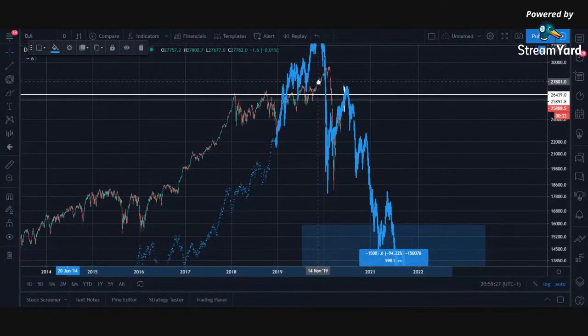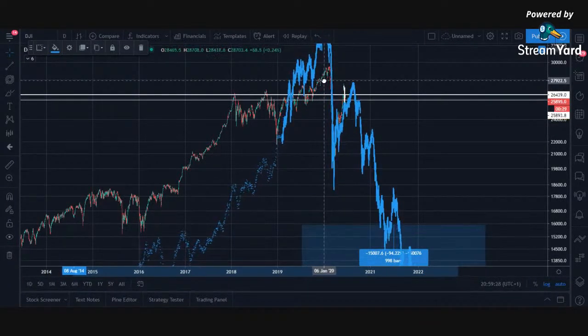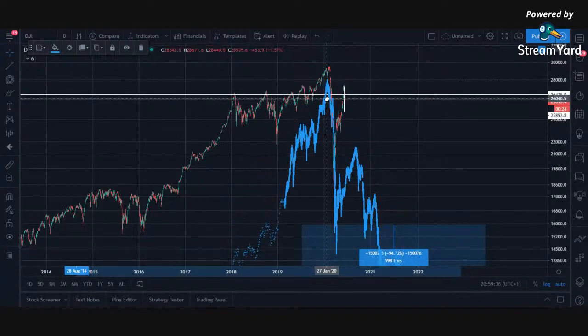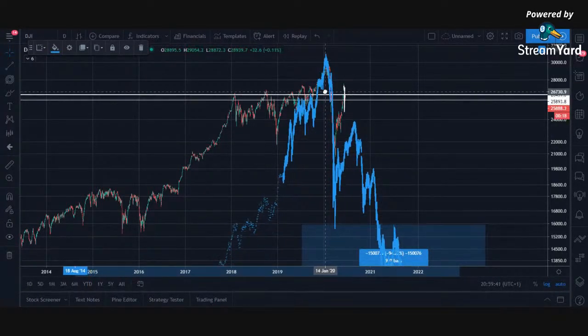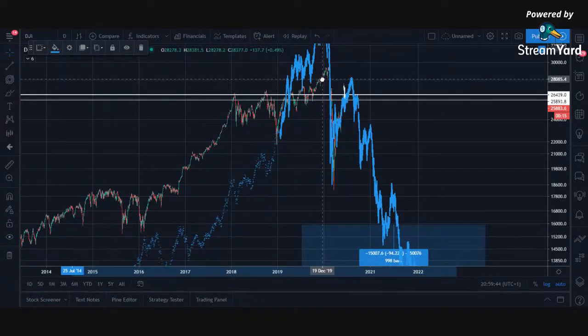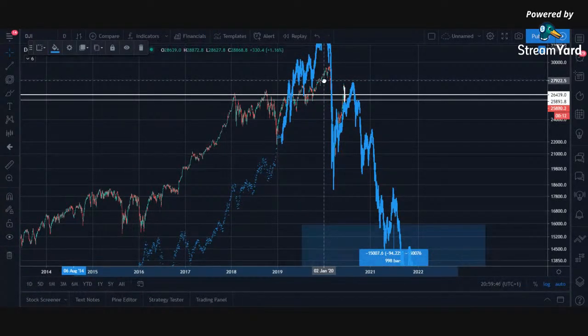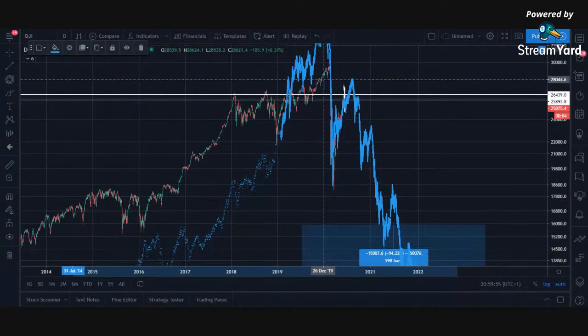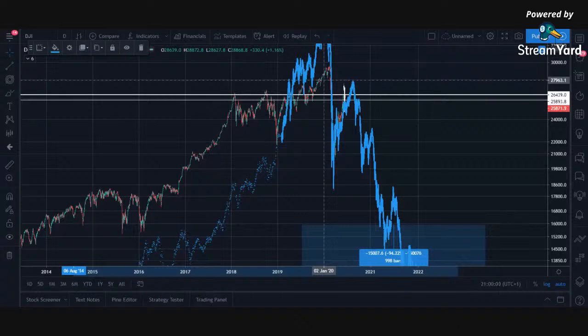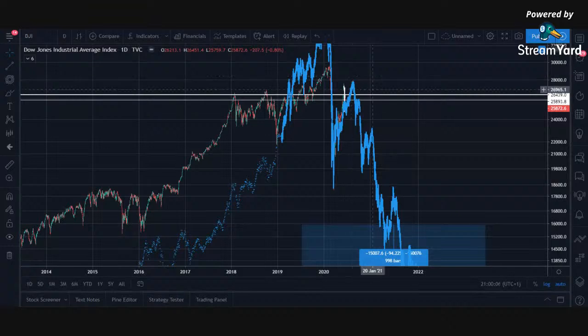It didn't go as high as we are now, but still, look how similar that is, man. It's crazy.